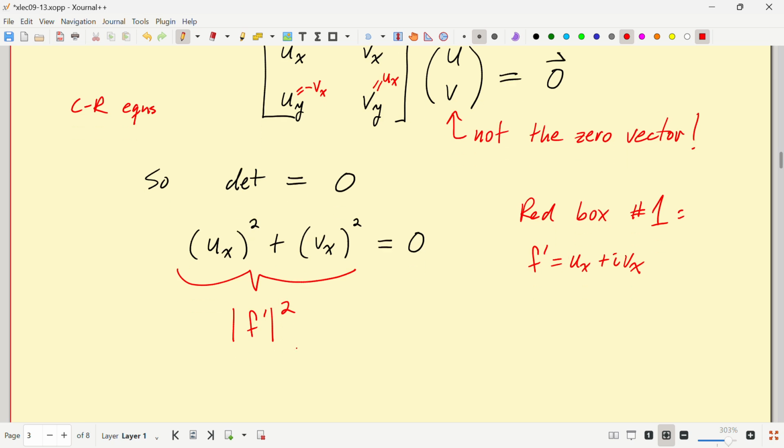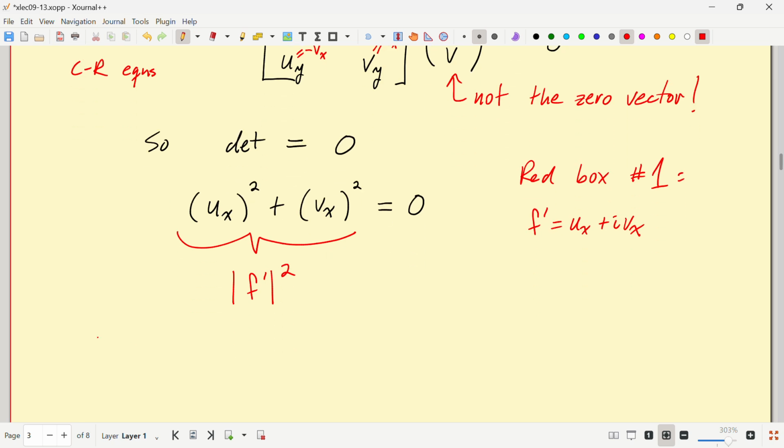That means that f prime is identically 0. So f prime is identically 0 on this little disk. Did I call it d epsilon about z naught? I think I did.